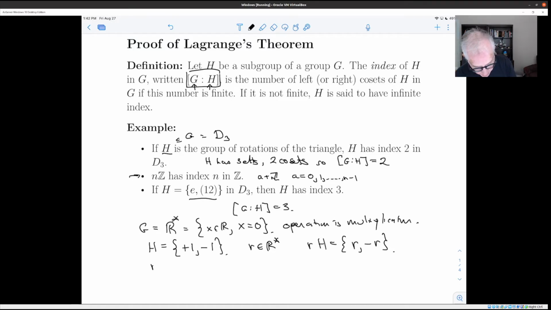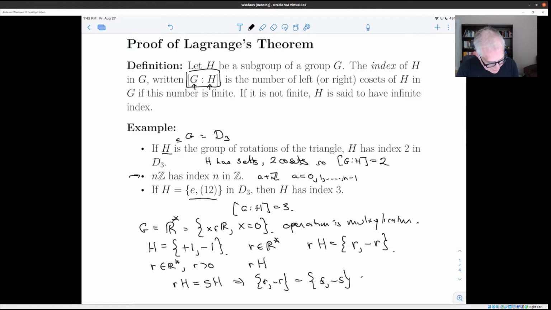If you take r in R star, r bigger than 0, then you have the coset rH, and rH is equal to sH if and only if the sets {r, minus r} and {s, minus s} are equal, and that's if and only if r is plus or minus s.